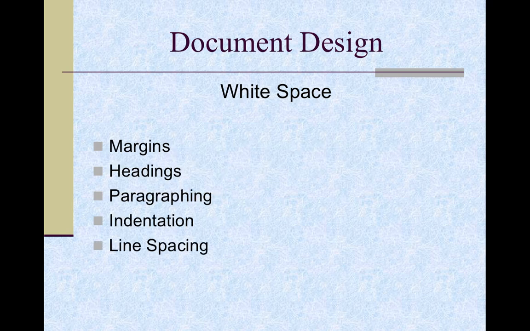White space can be created using margins. How wide or narrow the margins are increases or decreases the white space. Headings create white space. Paragraphing or paragraphs create white space. Indentation and line spacing are all ways in which you can frame text and graphics with white space.